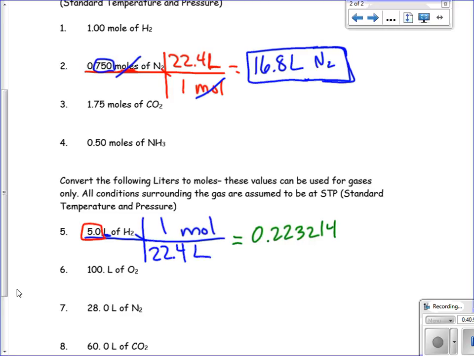I have 2 to start with, so I get to keep 2 in the end. I keep the first 2. The second 2, do I round that up or leave it alone? Leave that one alone, 0.22, and this is moles, because the liters will cancel, of H2. Okay, you can put this front 0 here, and that will be the end of those problems.